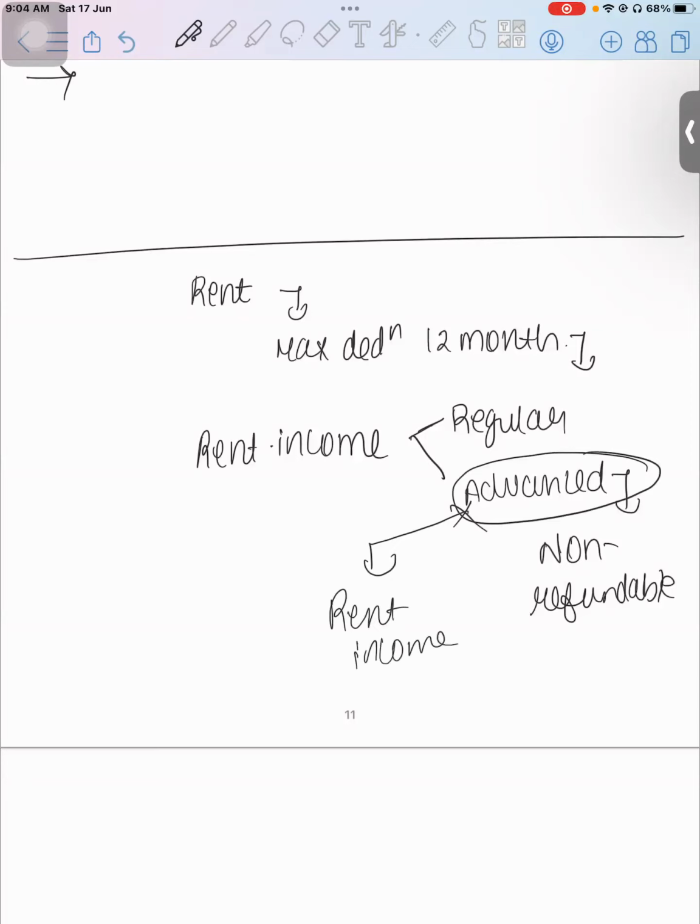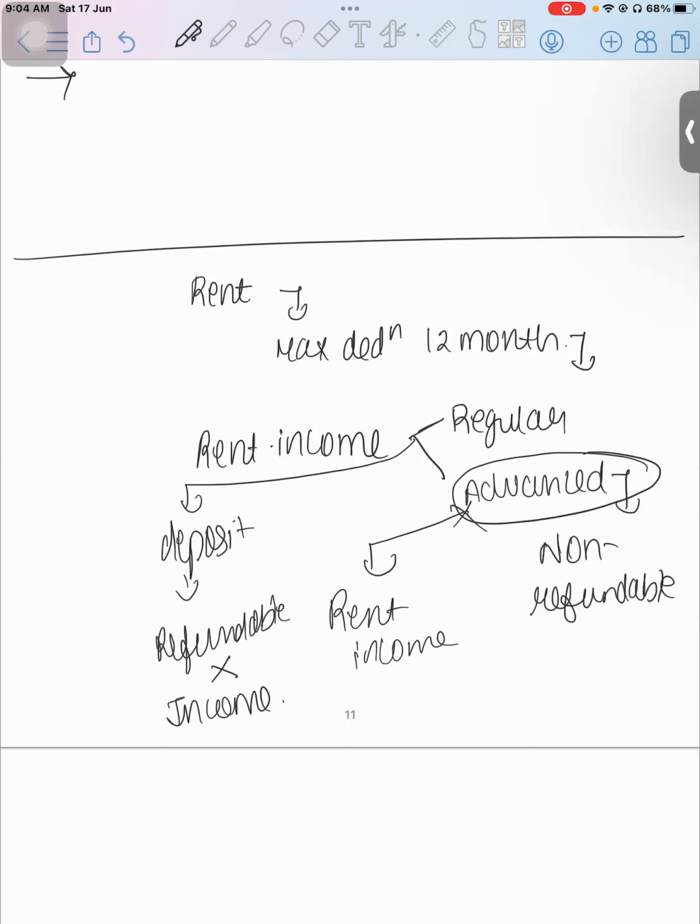But let's say along with the rent, you are receiving some deposit, and this deposit is refundable. If it is refundable, you are not going to show it as income. So if you are expensing it, you will have to take only 12 months of expense. But the person who is receiving more than 12 months of that income, he will have to include it.